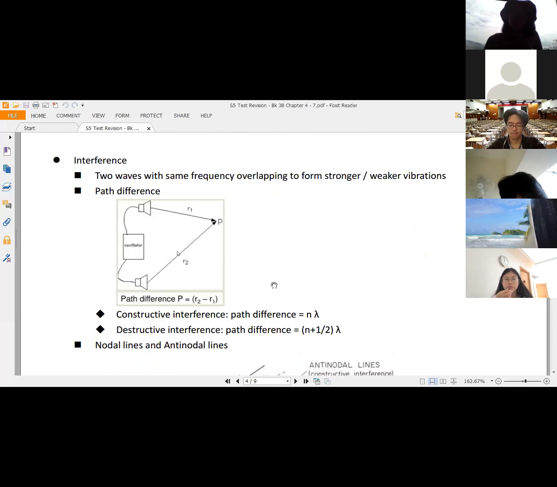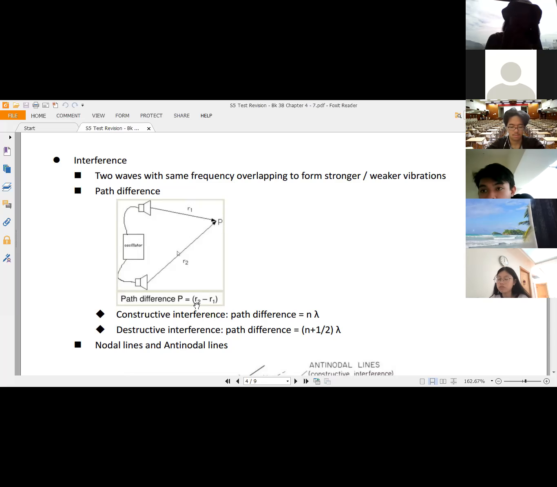Another one is interference. For interference, it has to have two sources. And two waves with the same coherence, coherence means they have the same frequency and same phase difference. So they will reach the same point, overlapping each other.